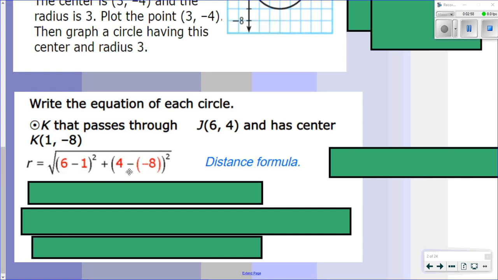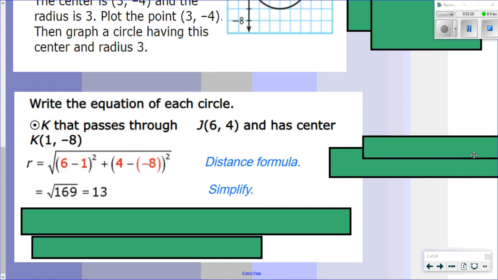But in this case they had the y's first and the x's second. It doesn't matter which order they're in, because of the commutative property. Once you do that, you plug it in. And remember, if you have a negative number and it's going to be placed behind a minus, put parentheses, and they did that, to avoid any sign mistakes.